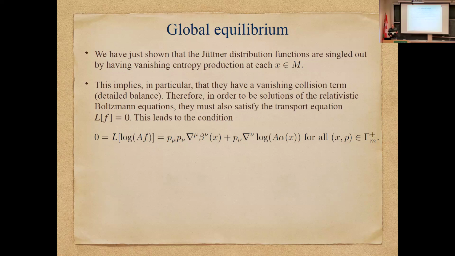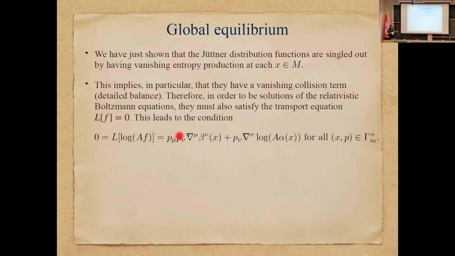If you plug this into the transport part, you have to check if LF is equal to 0. If you divide by F, you look at L of log F, and then you get this expression here. Of course this should be zero, but zero on the mass shell, so it should be zero not only for all x, but also for all p on the future mass hyperboloid.